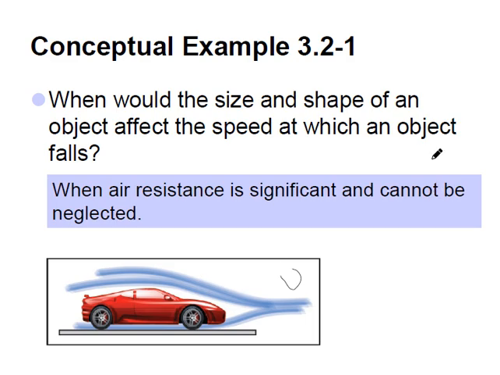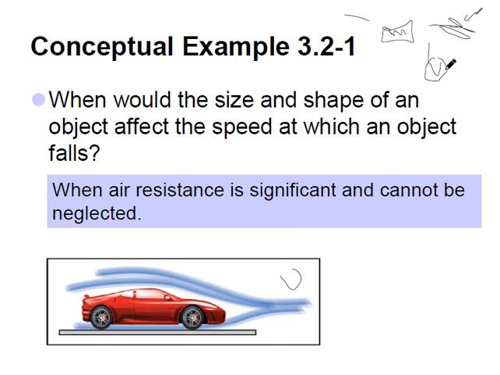You can go back to the previous example with the feather and the brick, the mass example. In the second part of this example, we're looking at the size and the shape. So the size and shape of any object is going to affect the speed, velocity without the direction.